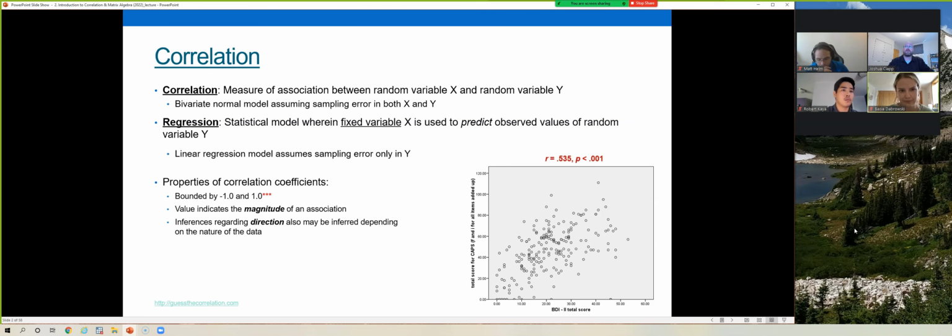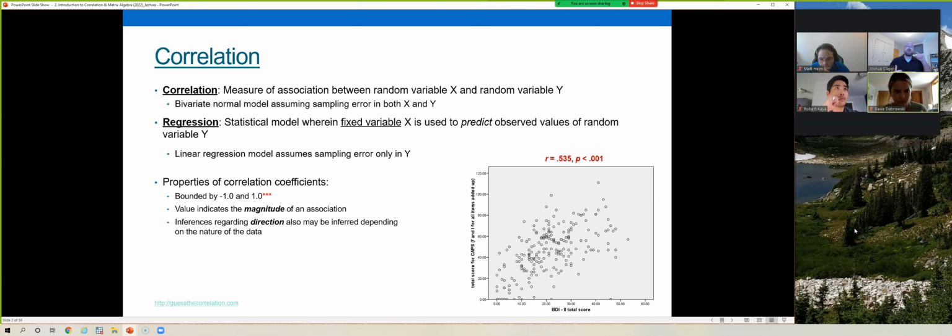All right. Cool. So basic correlation stuff, properties of correlation coefficients: bounded by -1 to 1. As we get closer out to those bounds, we get an indication of a stronger association. As we get closer to 0, it suggests little to no association between x and y, where knowing something about x tells me nothing about the corresponding value of y.